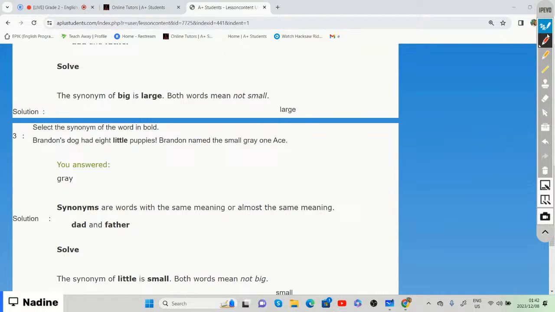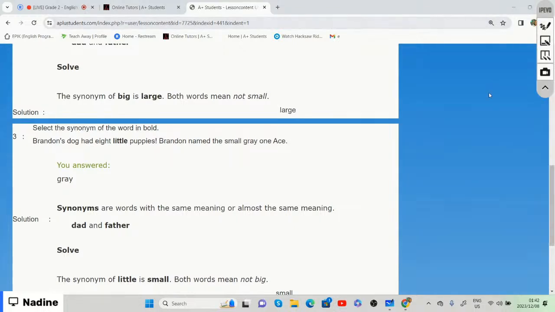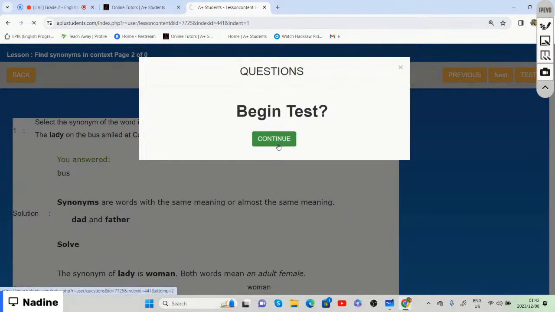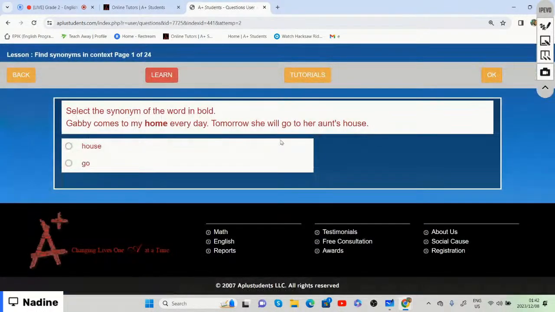All right, so before we end, let's go to our test. Gabby comes to my home every day. We need to find the word that is similar to the word home. Tomorrow, she will go to her aunt's house. So, what is a word that is similar to home?